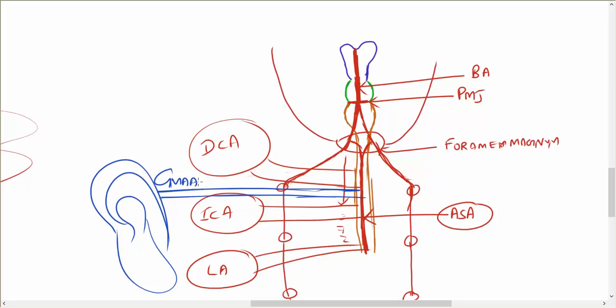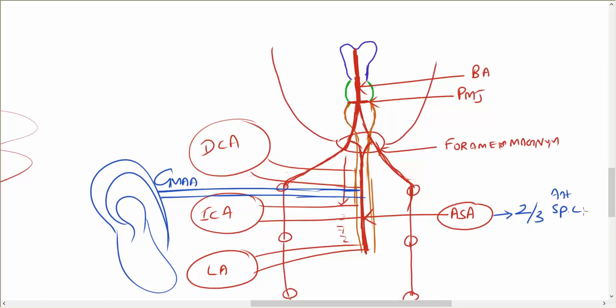Inshallah, I'll discuss that. Now you concentrate on the anterior spinal artery. The anterior spinal artery supplies what? Two-thirds of the anterior part of the spinal cord.